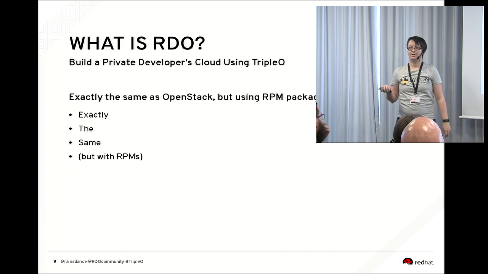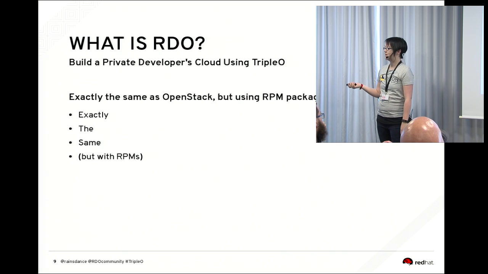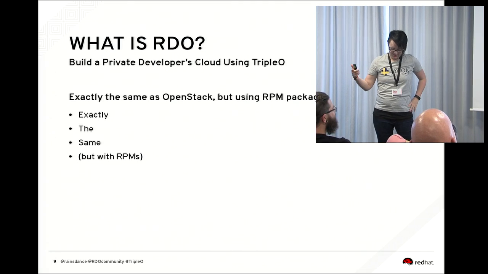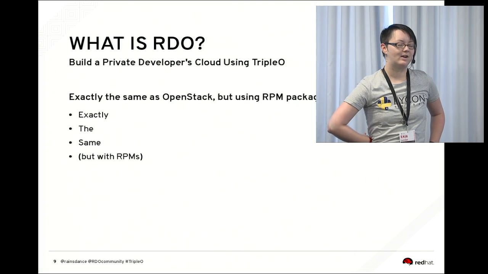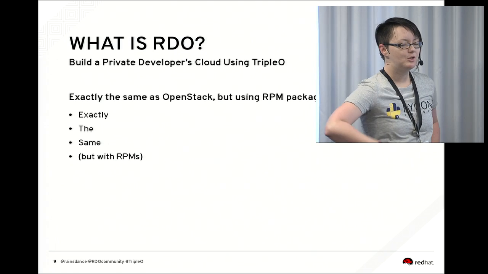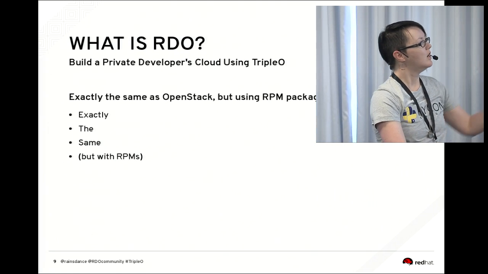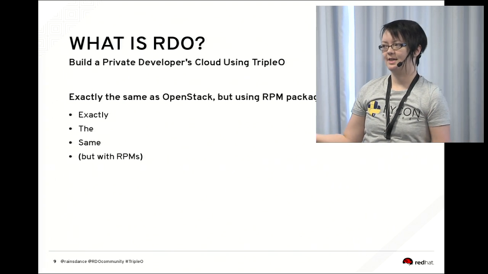So what is RDO? What does RDO stand for? Actually, it's one of those names, because in Linux we like to be hilarious and not actually define our acronyms sometimes. Like the GNU project also is a recursive GNU. RDO actually doesn't stand for anything.